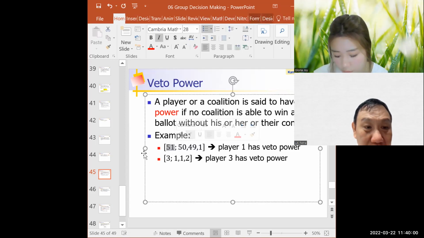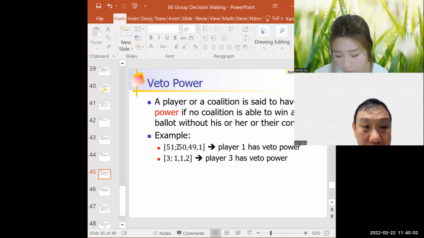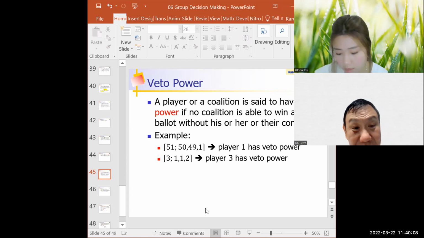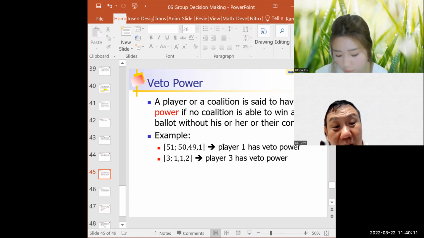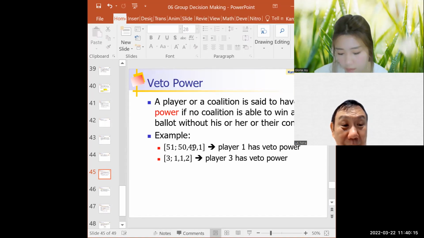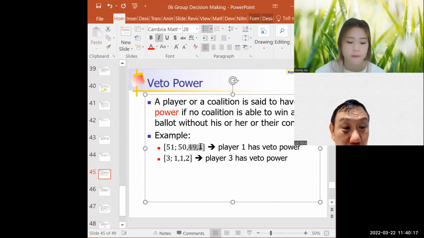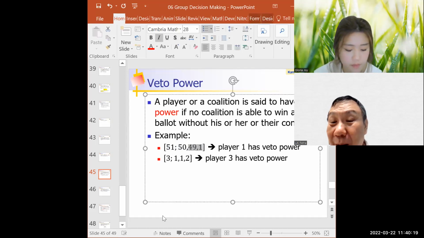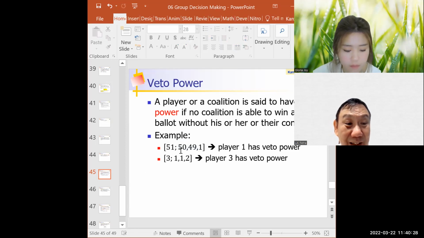The threshold is 51. Now player 1 has 50, player 2 has 49, player 3 has 1 vote. So clearly player 1 has veto power, isn't it? Why? Because if you add the other two, 49 plus 1 is still 50. It's less than 51. So in that case, they cannot win.